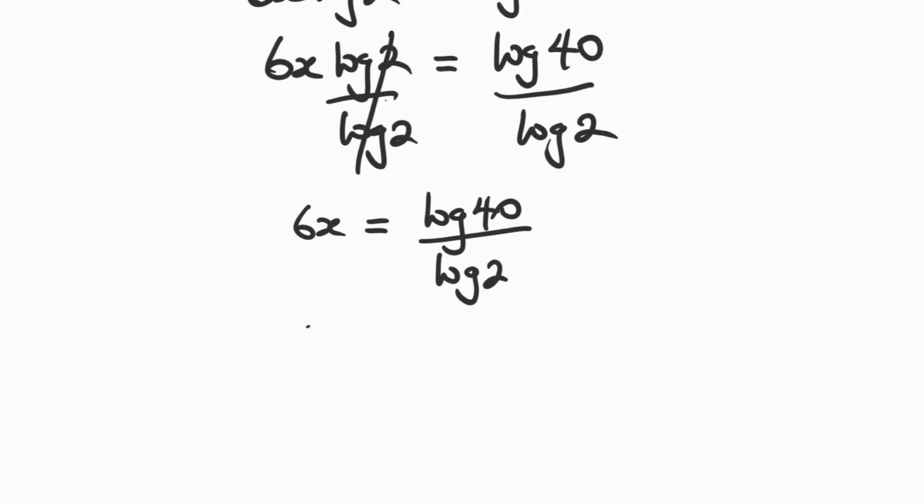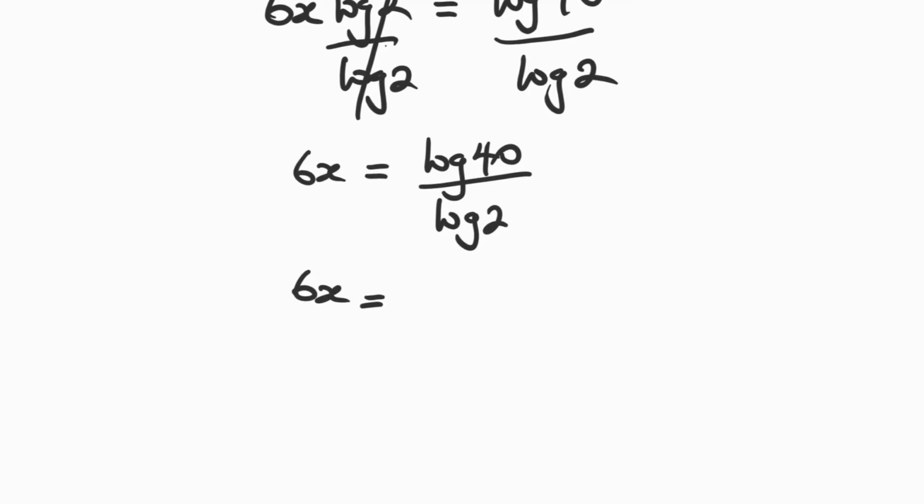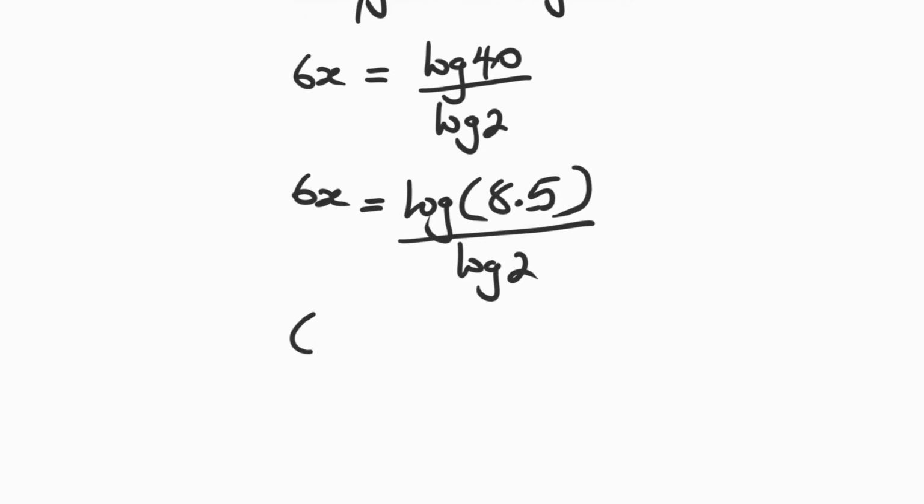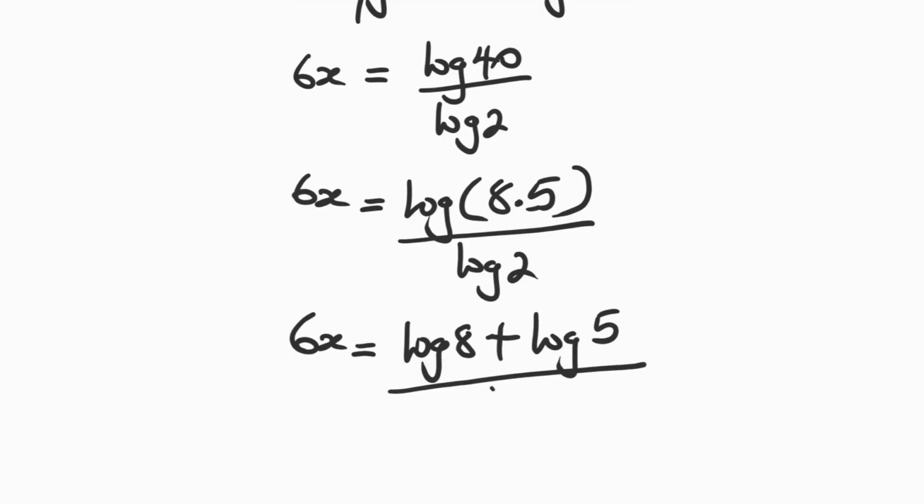So now on the right-hand side, let us break up 40. We know that 40 is the same thing as 8 times 5, divided by log 2. So now we have that 6x is equal to log of 8 plus log of 5, all divided by log 2.